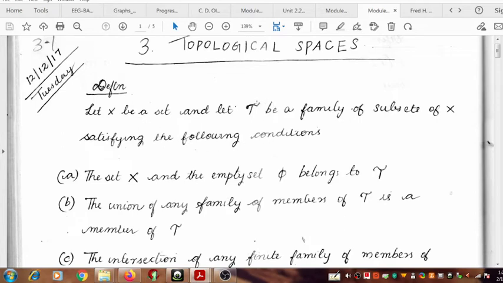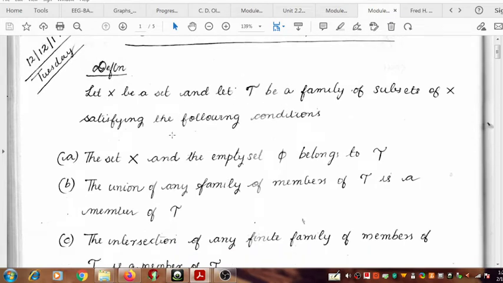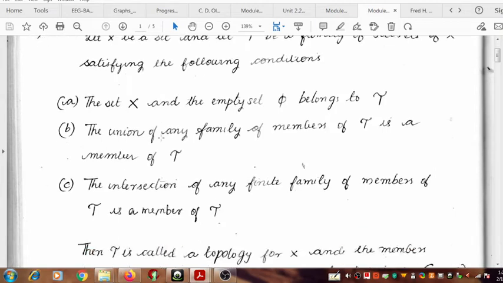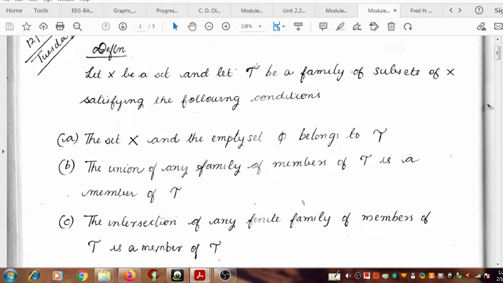After taking such a family, we then proceed to check whether three conditions are satisfied by the family which is defined here. So next we verify whether three conditions are satisfied by the members of this family.